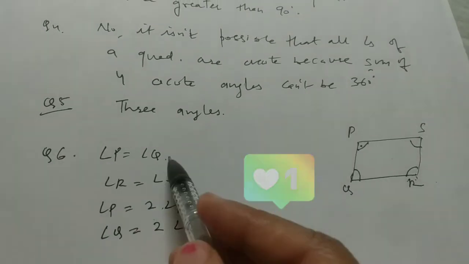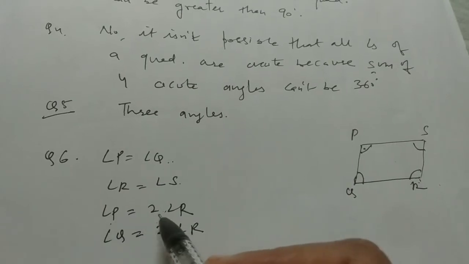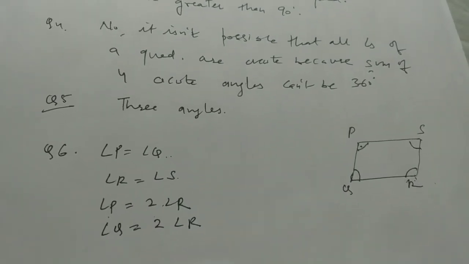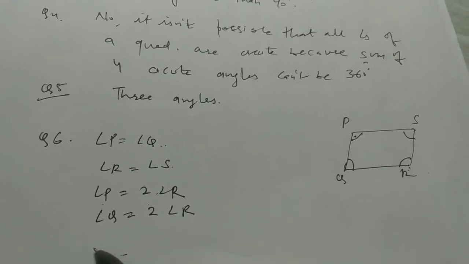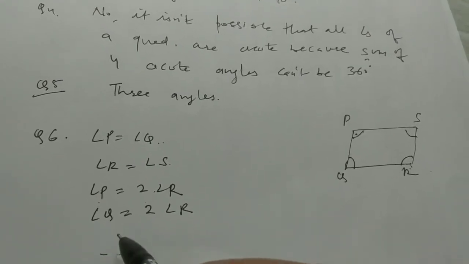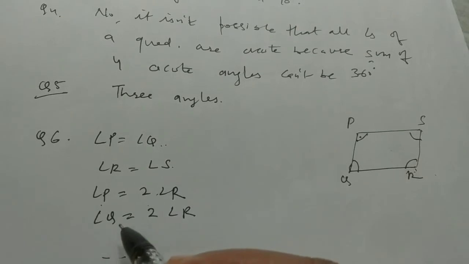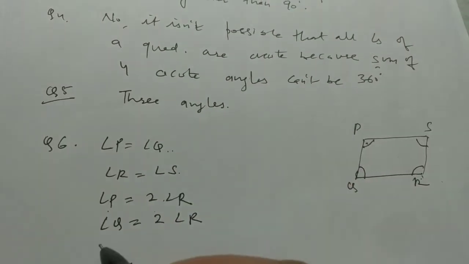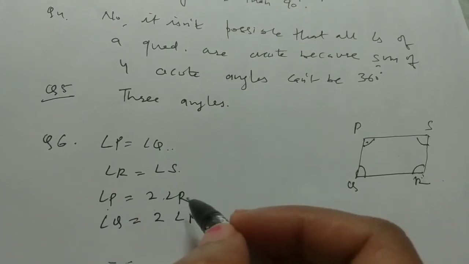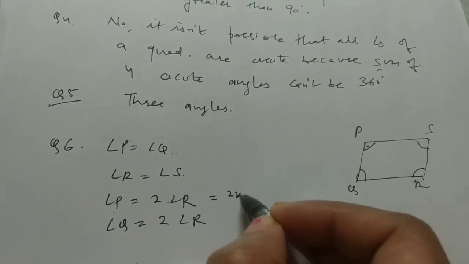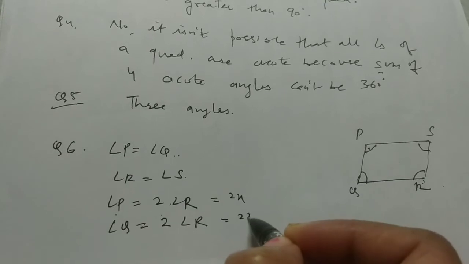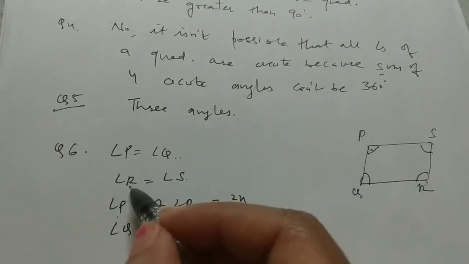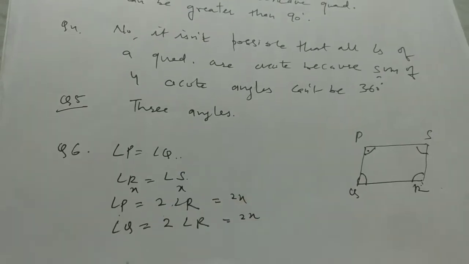Because angle P is equal to angle Q. So if angle P is equal to twice of angle R, angle Q should be twice of angle R. So now we will make an equation. We will assume angle P as 2x, angle Q as 2x, and angle R and angle S as x and x.